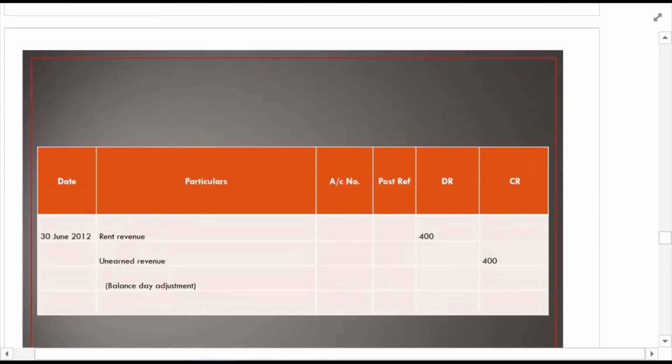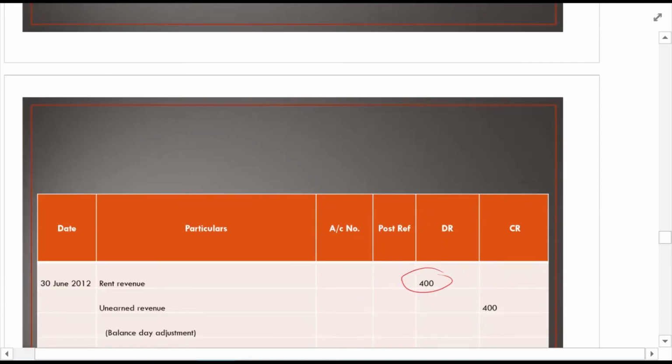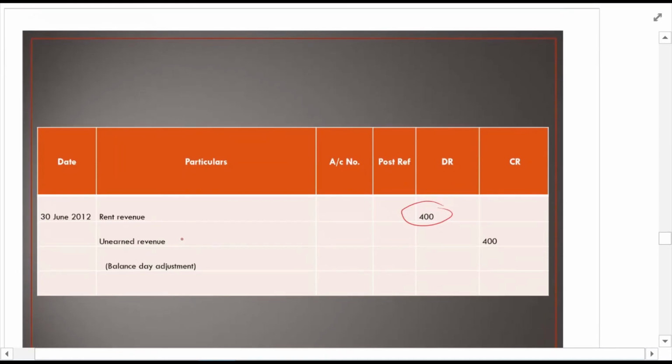Okay, so we've got rent revenue. What we need to do, as I said, debit the account in order to take it out. Then we need to use this liability account to hold it for a while. Okay, until the next financial year where we can deal with it there.